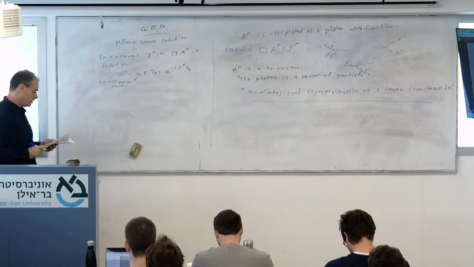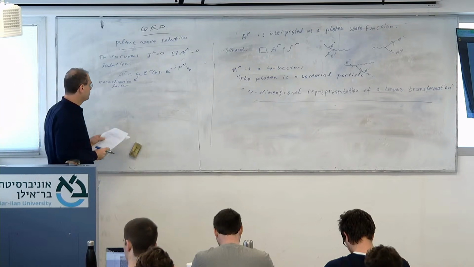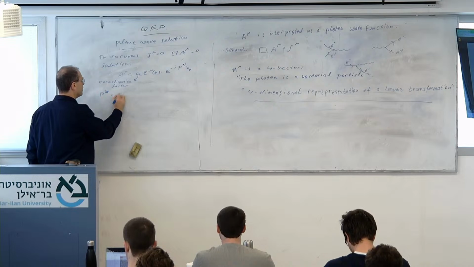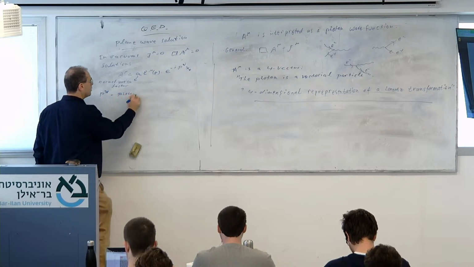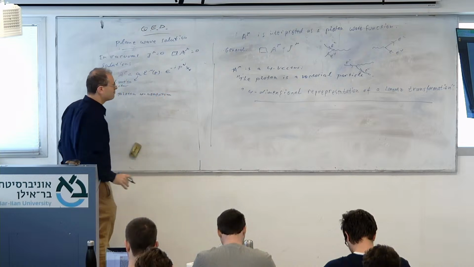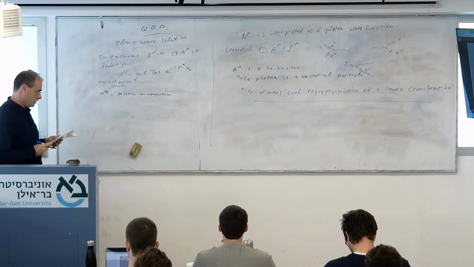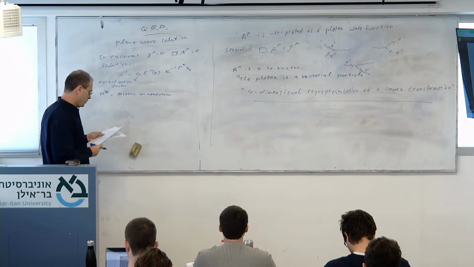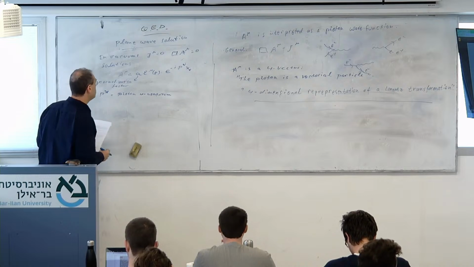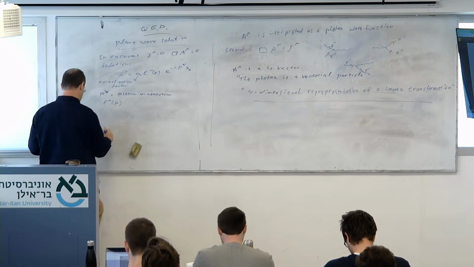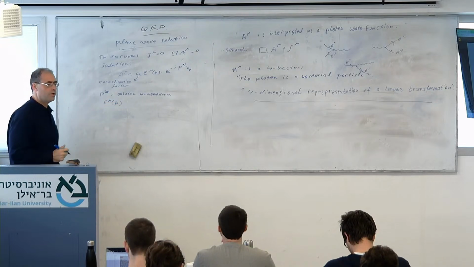P mu, what is P mu? Momentum, the photon momentum. And epsilon mu of p is the photon polarization vector.